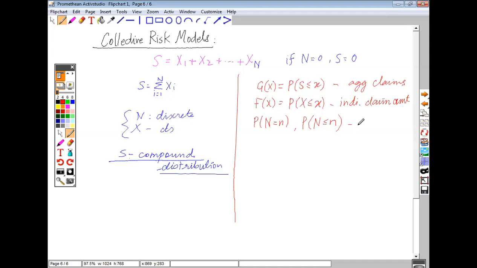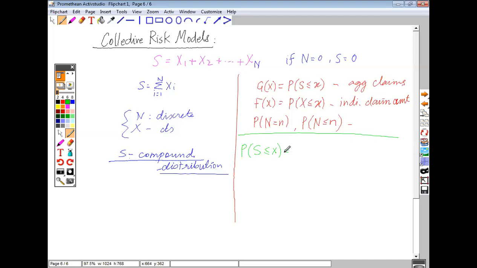So, okay. Now if I have to figure out the probability distribution for my S, let me maybe write it here. Okay, so what I have to figure out is this: the probability that my S will take a value less than or equal to x.